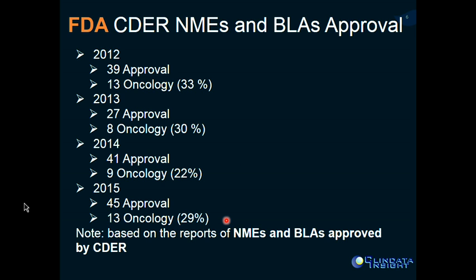In year 2015, 45 drugs were approved, and 13 were oncology drugs. So as you see, over the last 5 years, about 30% of the drugs approved by FDA are oncology drugs.